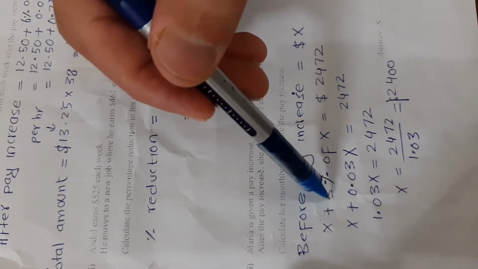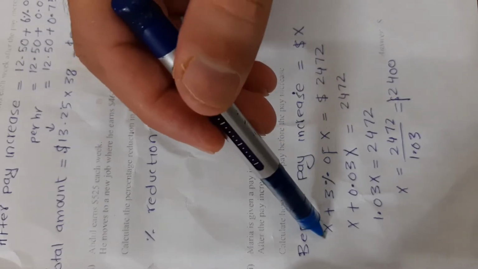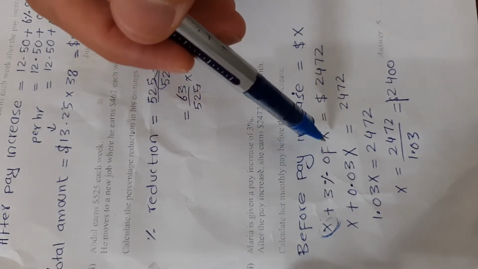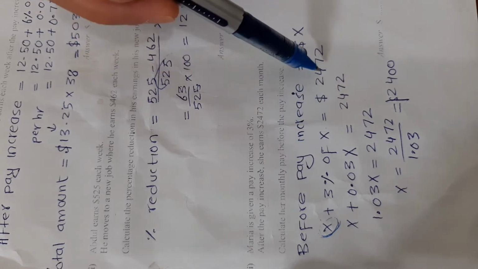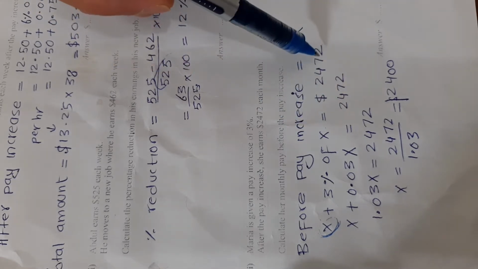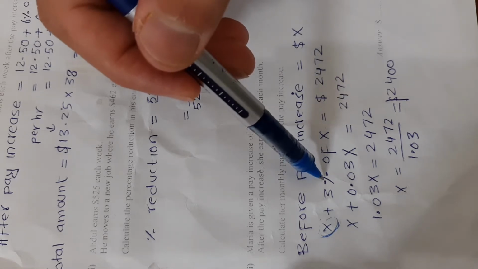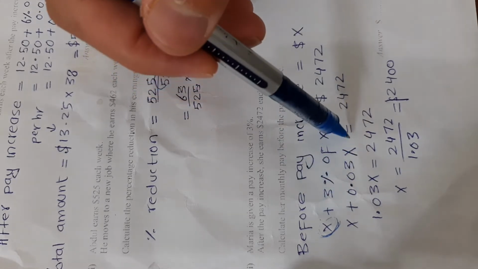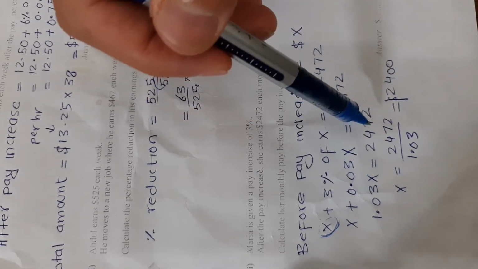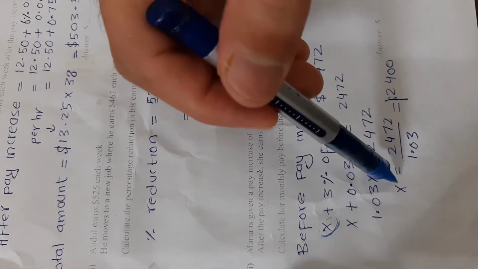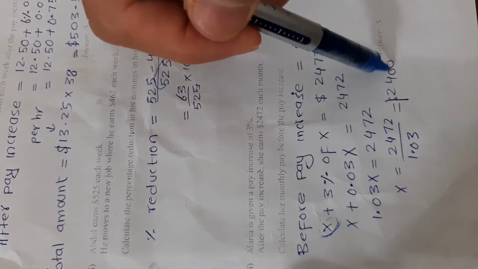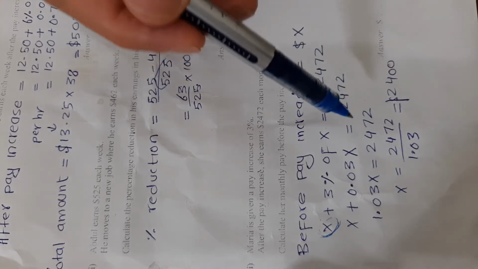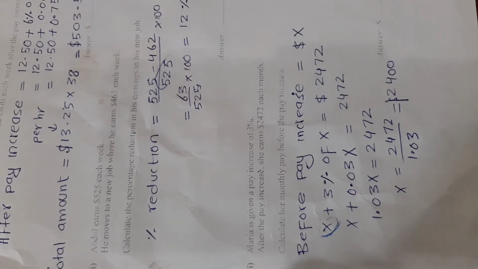Now X plus 3% of X, meaning her original salary before the increase plus 3% of that salary, will give you her new salary. Now 3% is 3 divided by 100, which is 0.03. So X plus 0.03X will give you 1.03X equal to 2472. From here you can find the value of X, which is $2,400. So that is her previous salary, or her salary before the increase.